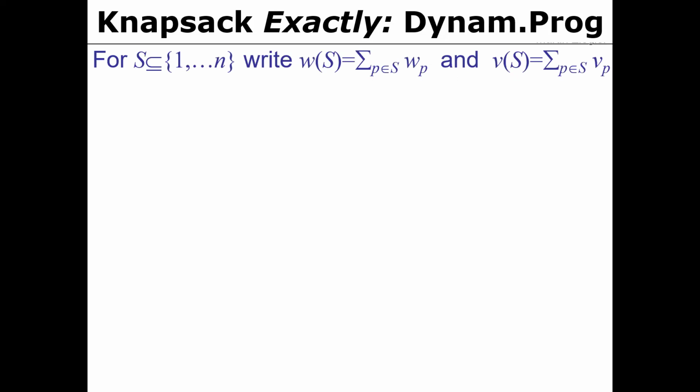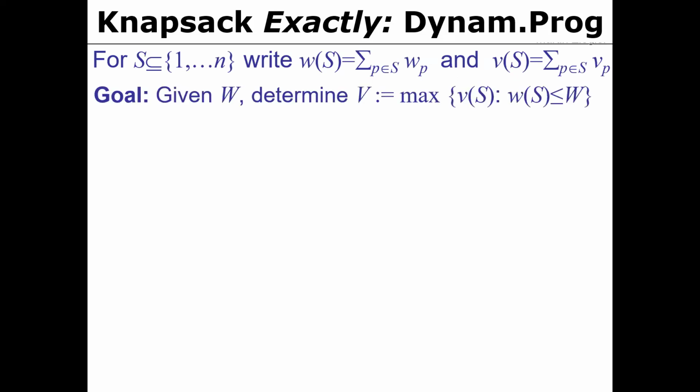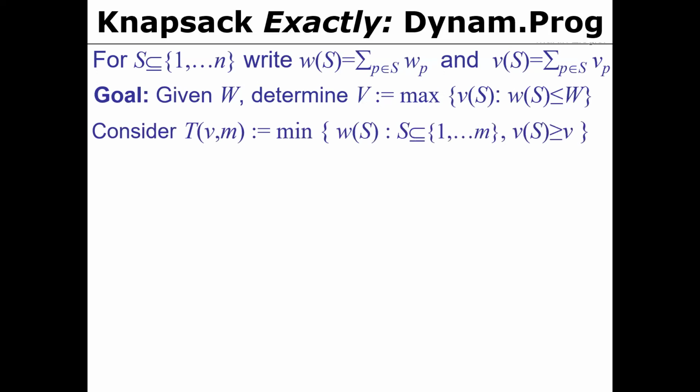Small v denotes the total value of this subset of packets. And our goal was to solve the maximization problem, so to calculate v star. And to this end, we conceived this table where the second parameter m says we consider not all packets up to here, but only packets up to m and subsets of these packets up to m.